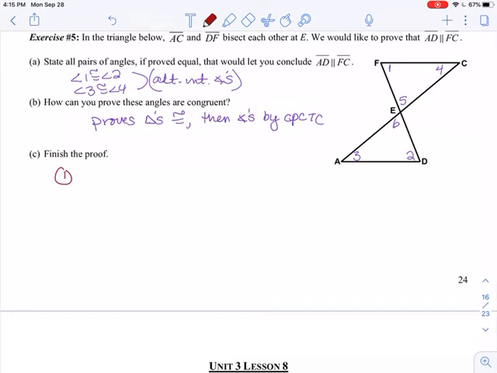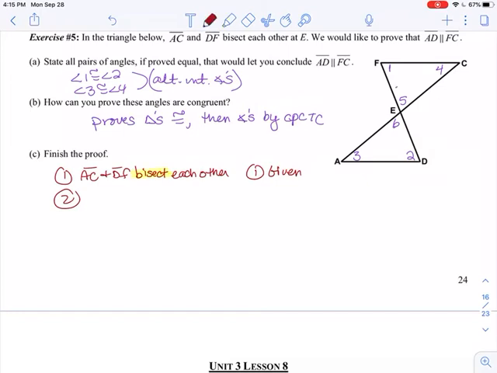So I'm going to start off with my given. The given is just that AC and DF bisect each other. But that's a lot of information. If they bisect each other, they cut each other in half, which is great.